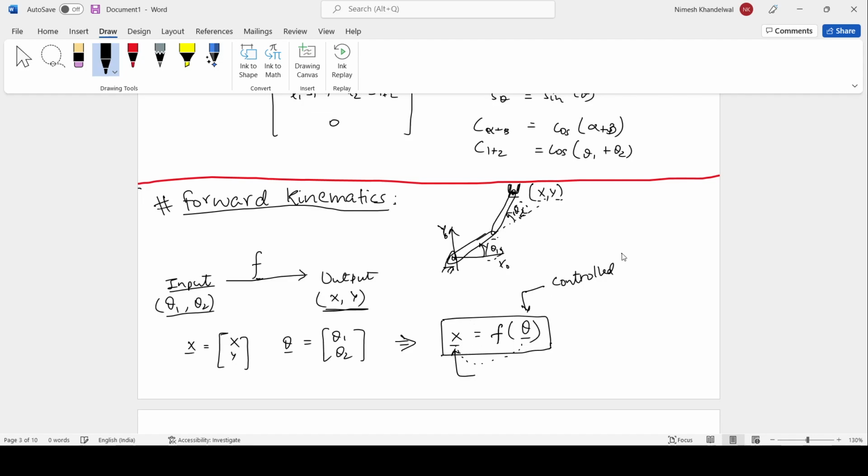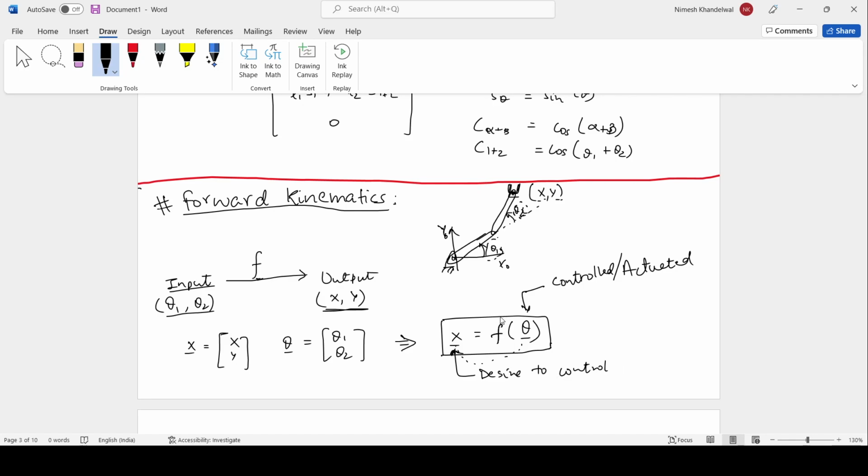They are also called actuated quantities, and these are what we desire to control.